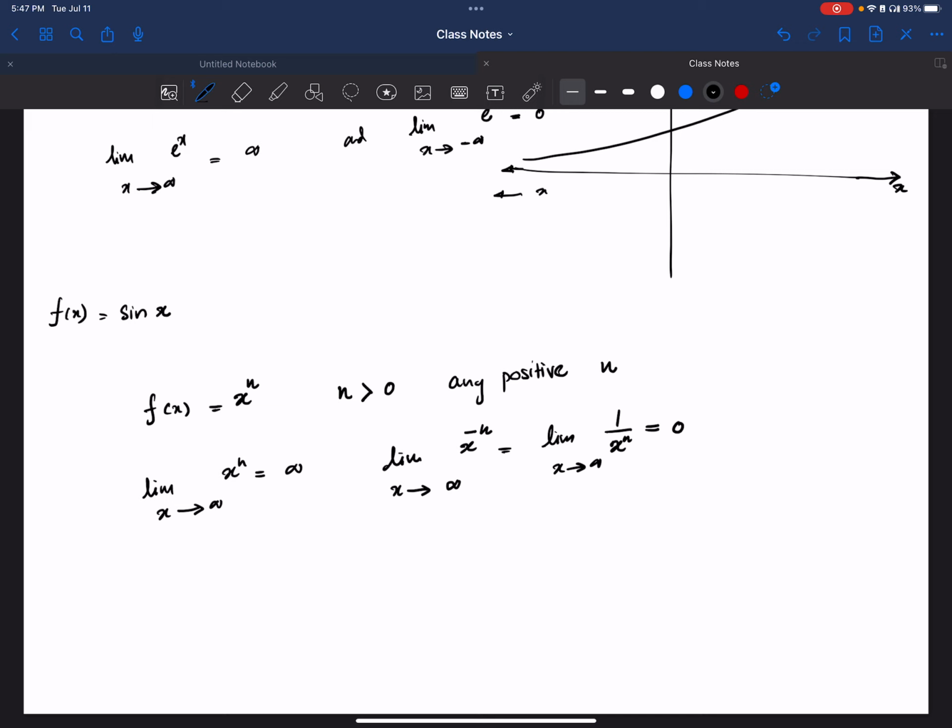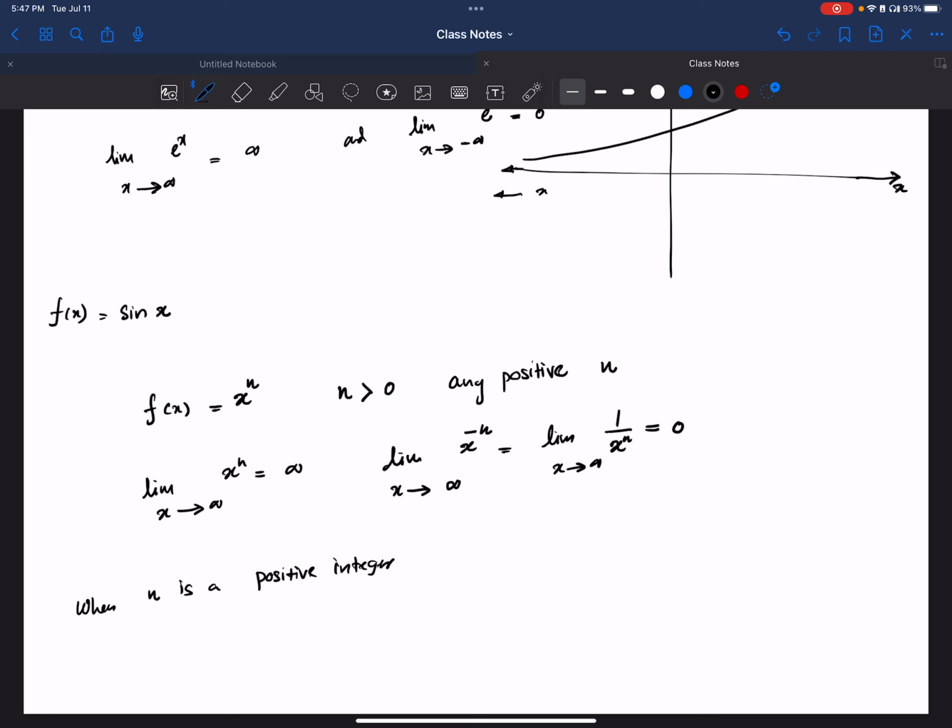Now things change when n is a positive integer and x goes to negative infinity.